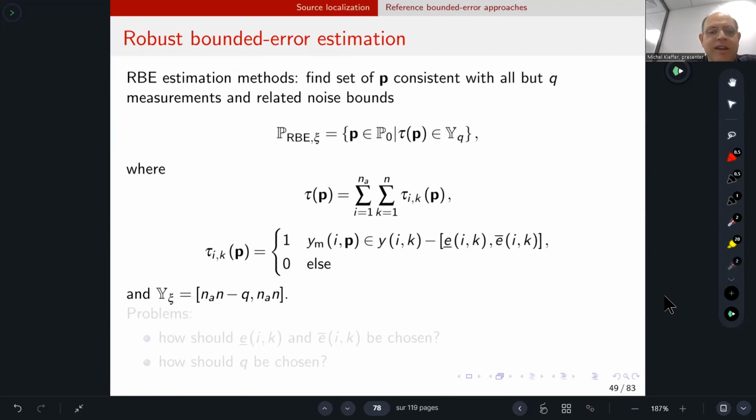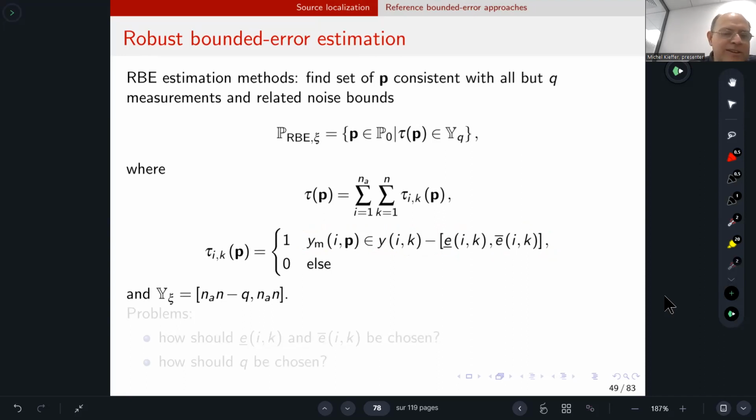And in this case, we get an estimate which is very similar to the previous estimate. What we try to do is to have some indicator function tau, which is a sum of indicator functions. These indicator functions are equal to 1 when this is satisfied, when the model output belongs to the system output minus the noise bound.